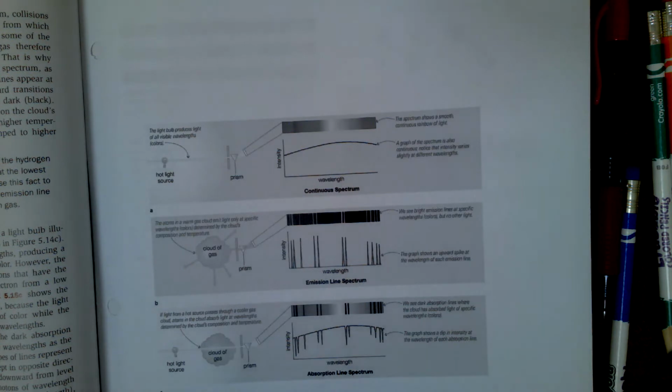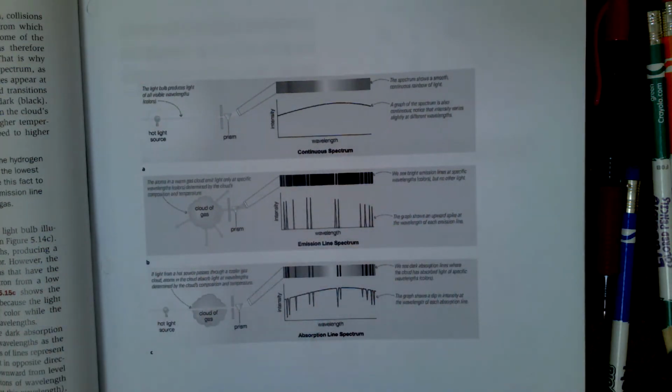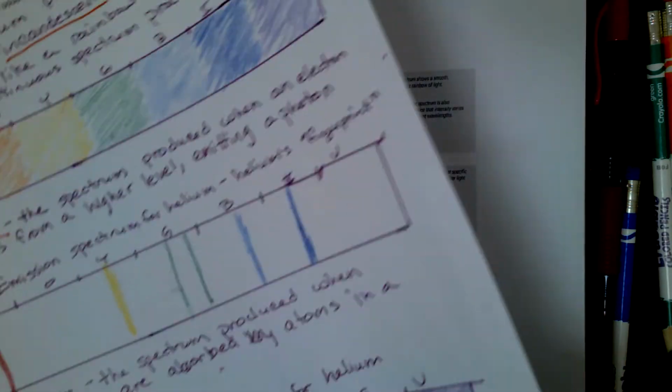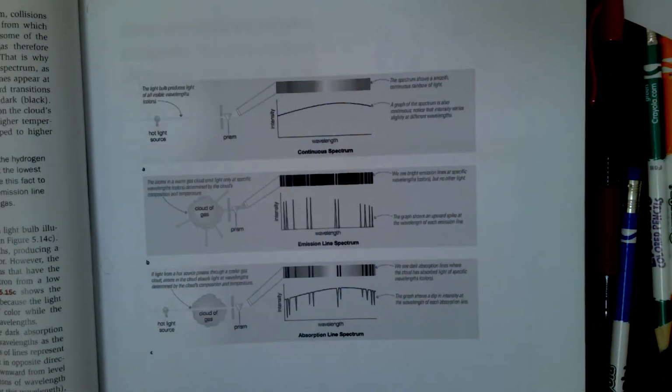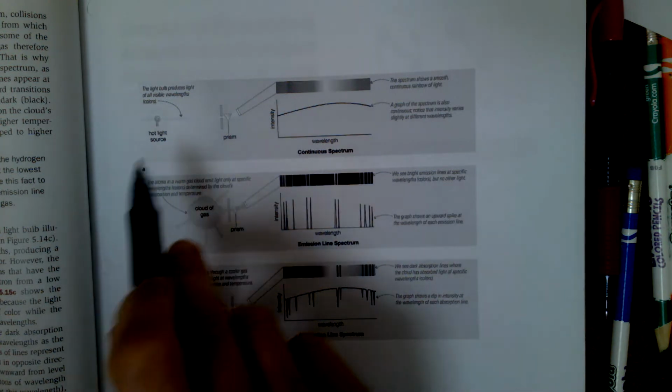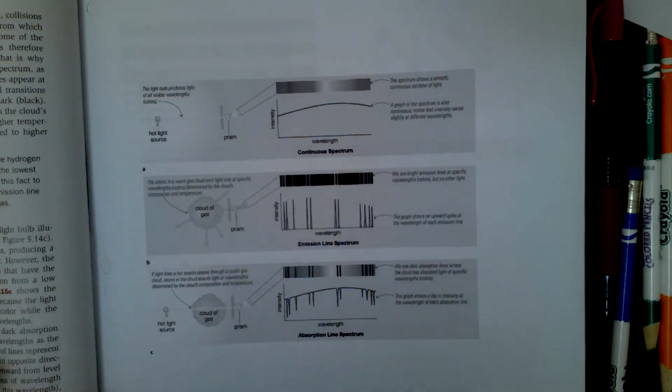And so what we're looking at here is, where am I actually going to see this pattern right here? Where is that coming from? The first one, this is where you're going to get your continuous spectrum.